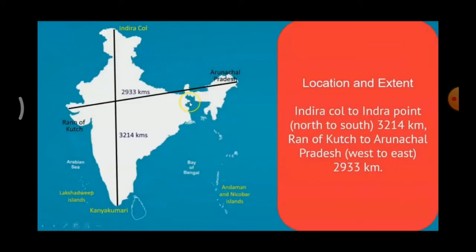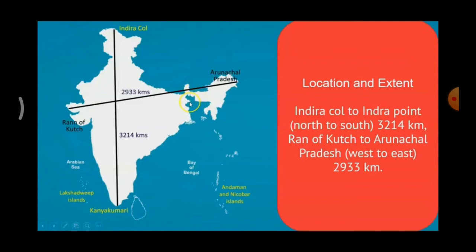In Jammu and Kashmir, Indira Col is located. So the north-south extent of India is 3,214 km. See this line. How many kilometers? Indira Col to Kanyakumari, 3,214 kilometers.